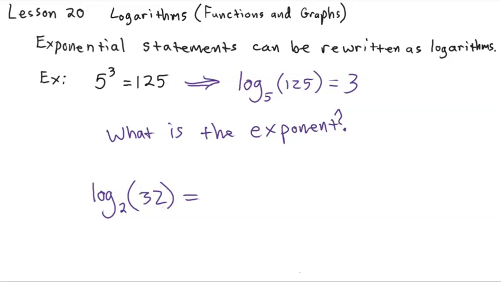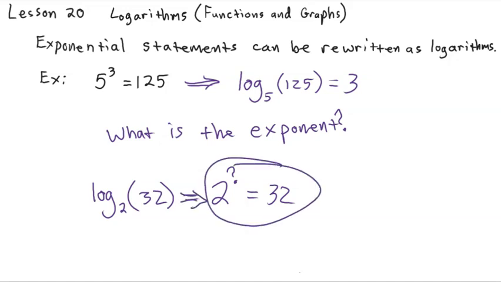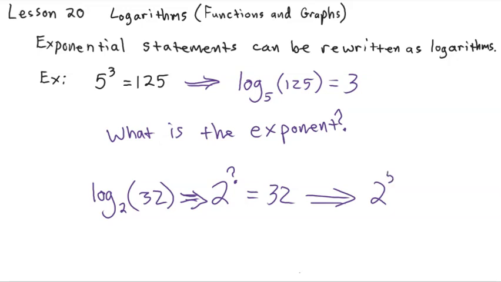So it's basically saying 2 to what power is equal to 32. Well, we know that 2 to the fifth power is equal to 32, and therefore the answer to this logarithm is 5. Okay, so that's basically what logarithms do.